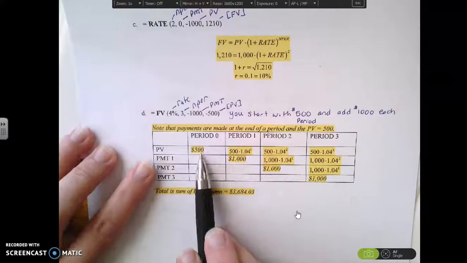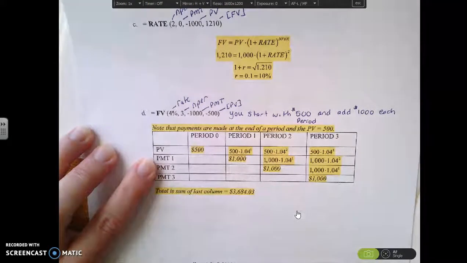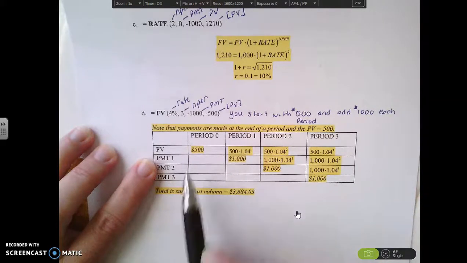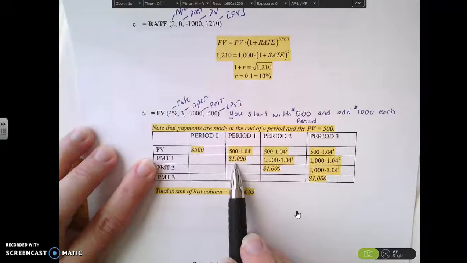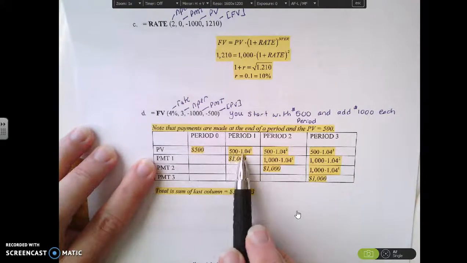So on month 1 I put $500 in, and then another period elapses. The next period shows up and I put $1,000 in the bank, but there's already $500 in the bank. That $500 is going to get 4% interest.